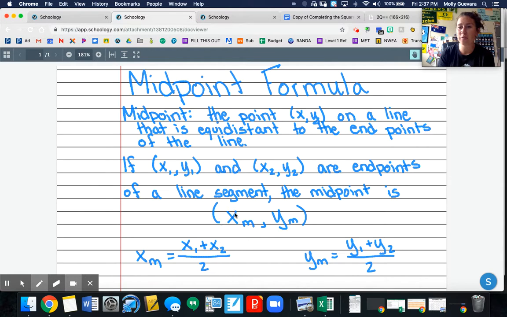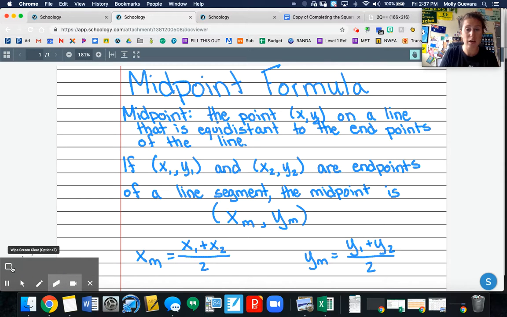The way you find the x coordinate is you take your two x values, x1 and x2, add them together, divide by 2. Then you take your two y values, y1 and y2, add them together, divide by 2. That's it. Midpoint tends to be pretty easy to find. I just add my two x's together, divide by 2, and then add my two y's together and divide by 2. And that's how we find the midpoint.